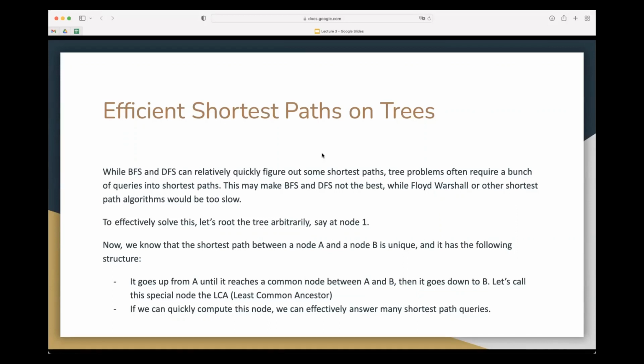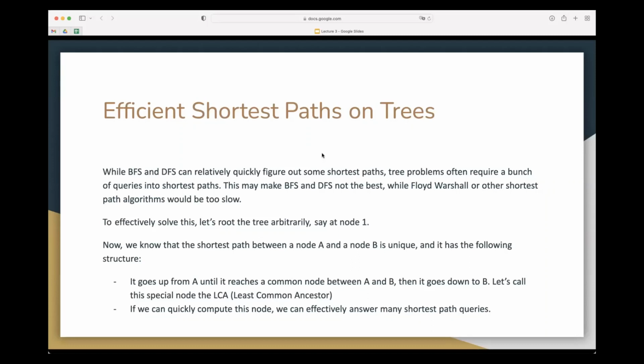So instead of using any of those algorithms, let's first try to develop a new algorithm to be able to find the shortest path on the tree. After all, we know that the shortest path is unique. There only exists one path from A to B. So let's, quote unquote, root the tree at node 1.